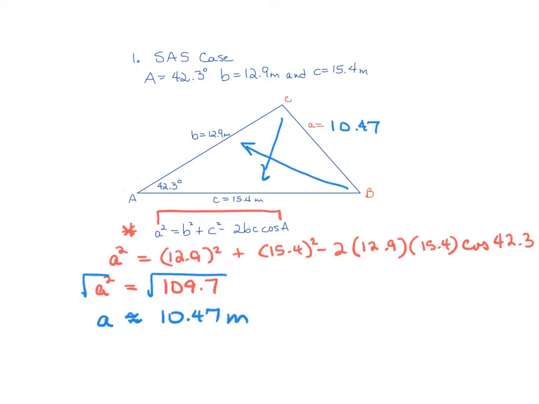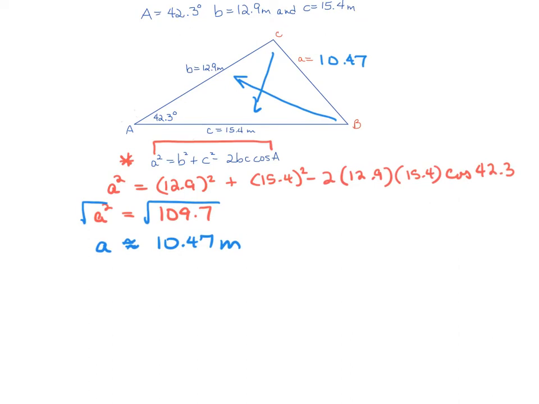Let me go ahead and use law of sines to find angle B. I'm going to use my given information: 10.47, what I just calculated, over the sine of 42.3 is equal to 12.9 over the sine of B. I'm going to cross multiply and divide.